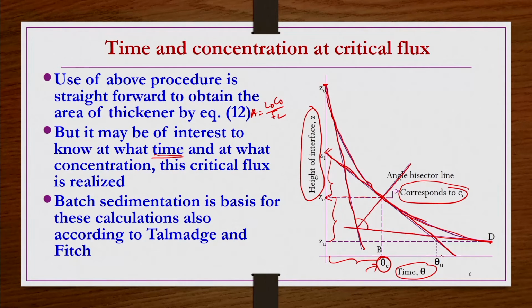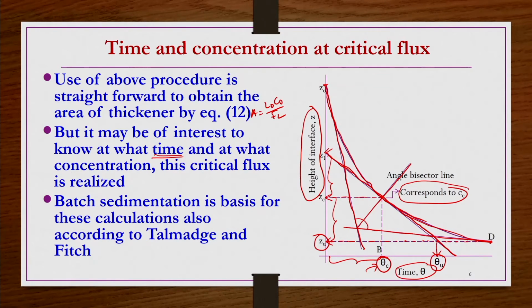So, how to get this theta u? That is also important. When you draw this tangent at theta equals theta c, you extend it, and at the final data point, let us say that point D, you draw a horizontal line. Wherever this horizontal line intersects the y axis is nothing but Zu, and where this horizontal line intersects the tangent at theta equals theta c, the corresponding time is nothing but theta u.